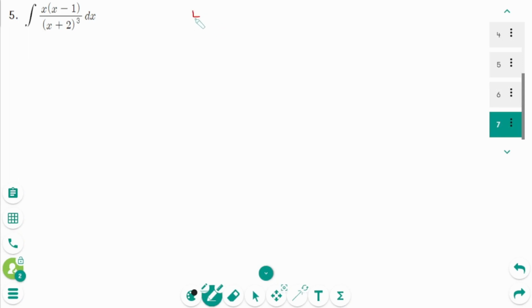Number 5. Let u equal x plus 2, then du equals dx. From here, minus 2 on each side, u minus 2 equals x, and then minus 1 on each side again, u minus 3 equals x minus 1.